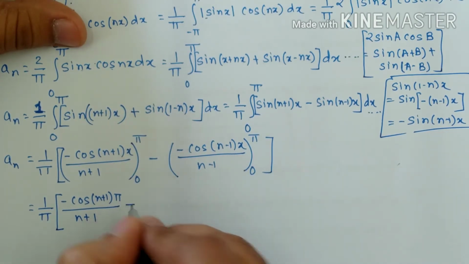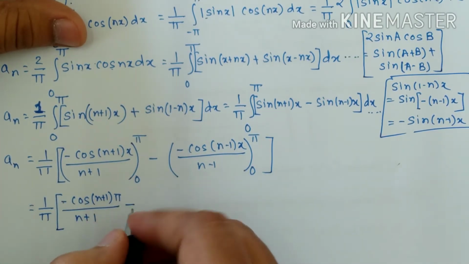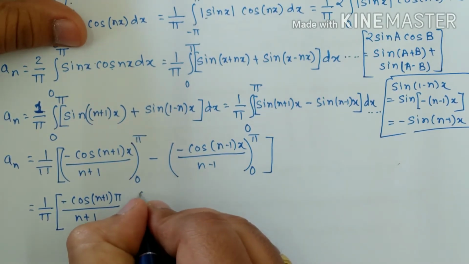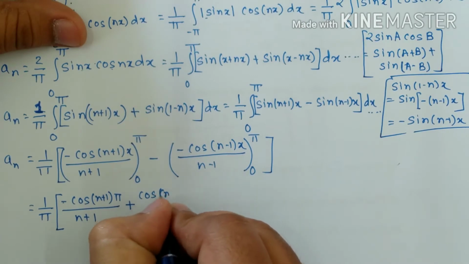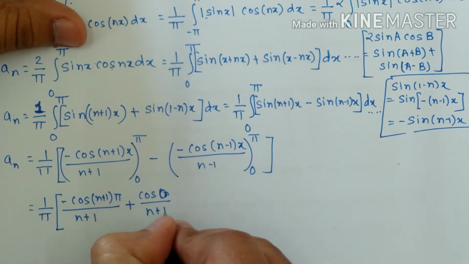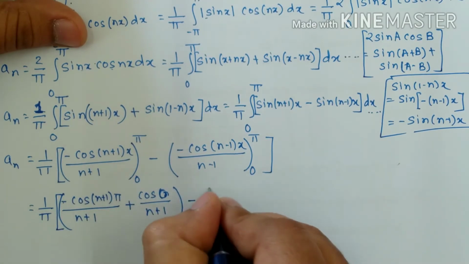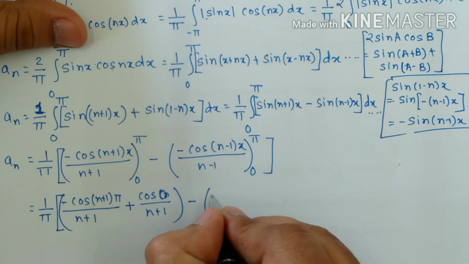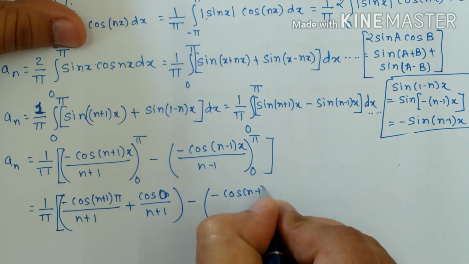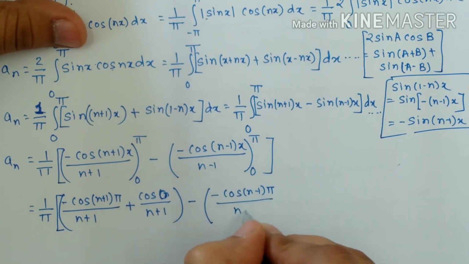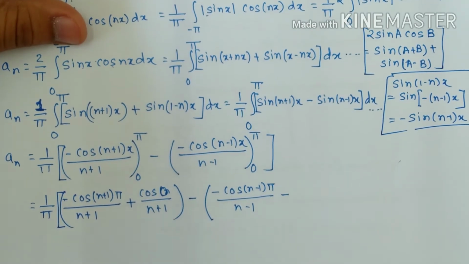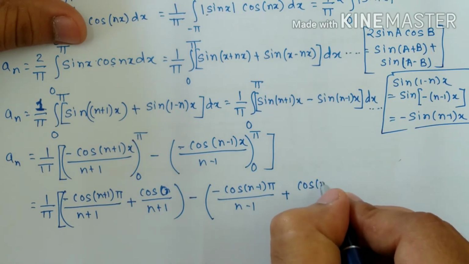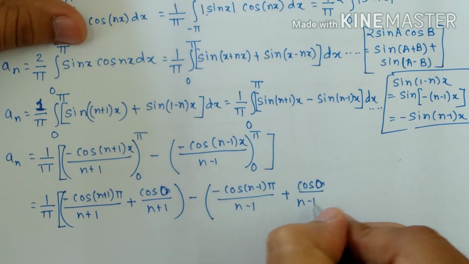Then for the lower limit we have a minus sign, and again this minus becomes plus, which gives cos 0 upon n plus 1. This is for the first term. For the next term we will have minus cos of n minus 1 pi upon n minus 1. For the lower limit there is a minus sign, and this minus becomes plus cos of n minus 1 into 0, that is cos 0 divided by n minus 1.